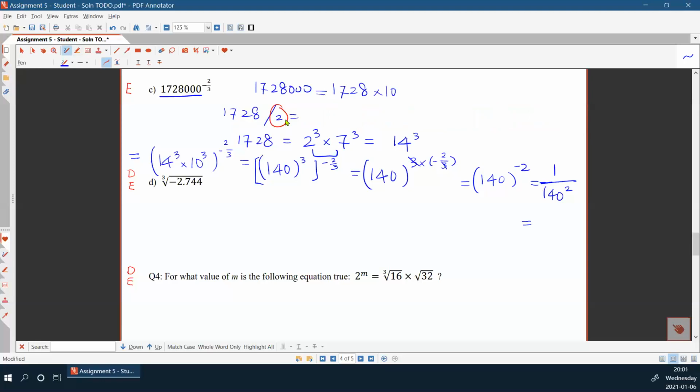1728 divided by 2 is this one. 27 is 3 to the third power.